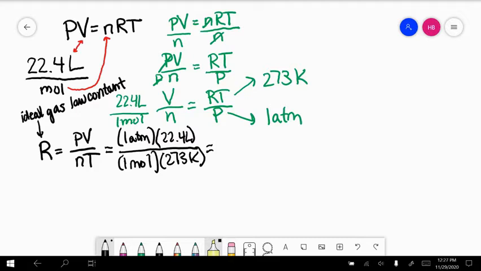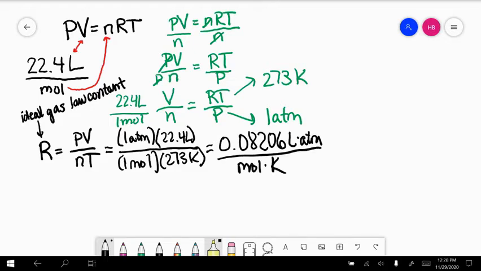If you put this in your calculator, 22.4 times 1 divided by 273 times 1, you will get the ideal gas law constant, which is 0.08206 liters atmospheres per moles K. That's just deriving the ideal gas law constant.